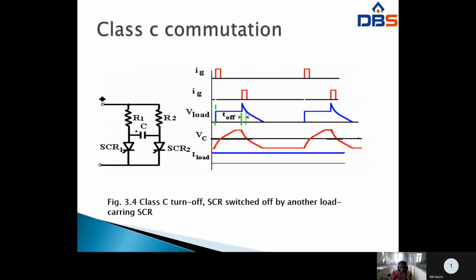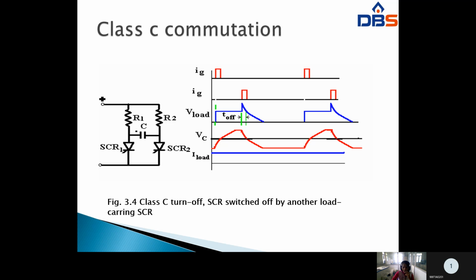So here we have seen that in class C commutation we have two SCRs, SCR1 and SCR2. SCR1 will be the main device, and SCR2 will be the auxiliary device. Okay, here the capacitor is connected at the middle of the two SCRs.